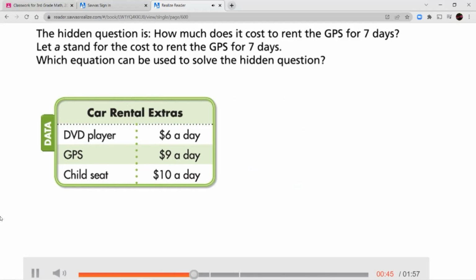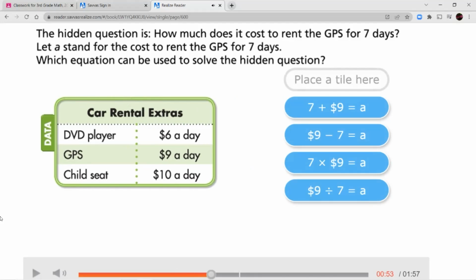Let A stand for the cost to rent the GPS for 7 days. Which equation can be used to solve the hidden question? Select your answer. So here, let's stop and think. If it's the same amount for 7 days, we're going to do 7 groups of 9. So 7 groups of 9 is equal to 7 times 9. So our operation over here is going to be multiplication.